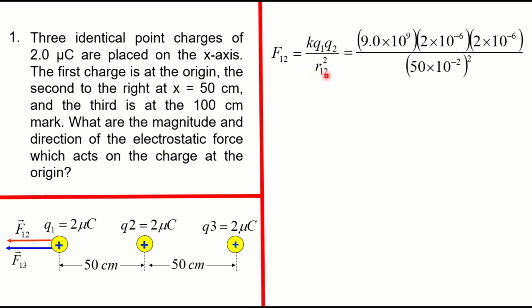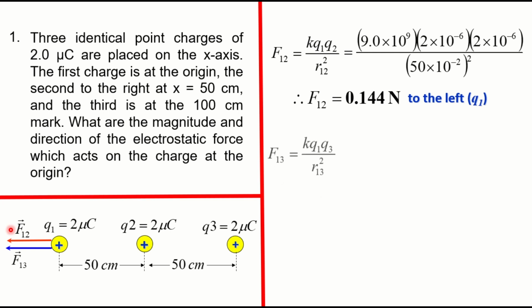R12 is the distance between charge 1 and charge 2, which is 50 cm. Then we get F12 equals 0.144 Newton. We have to state its direction, which is towards the left. So we've already calculated F12.